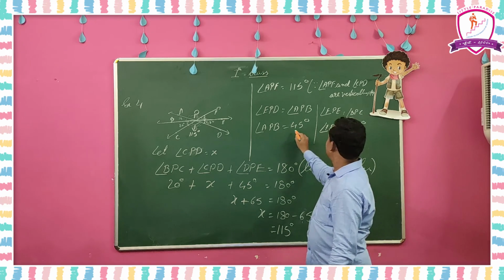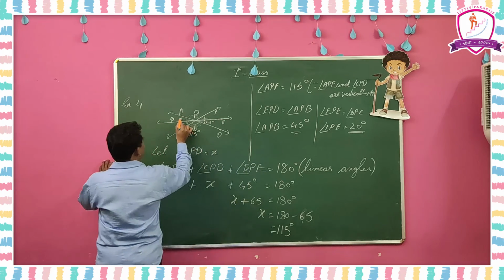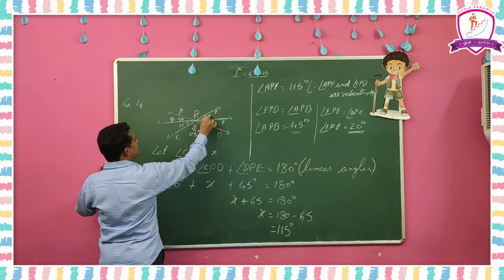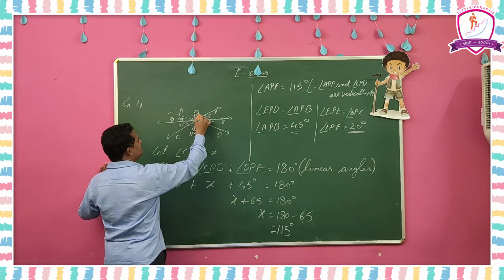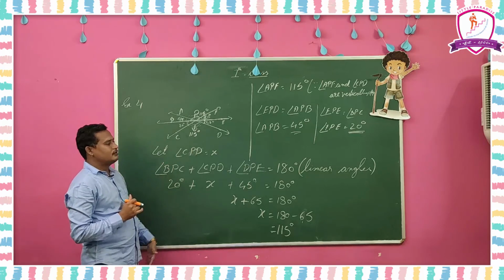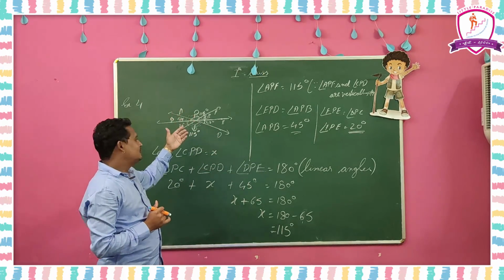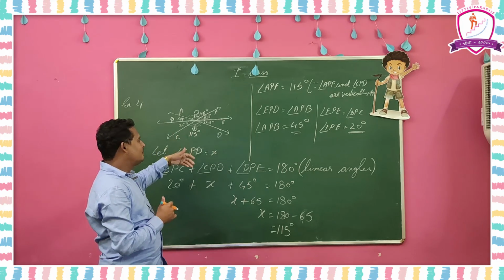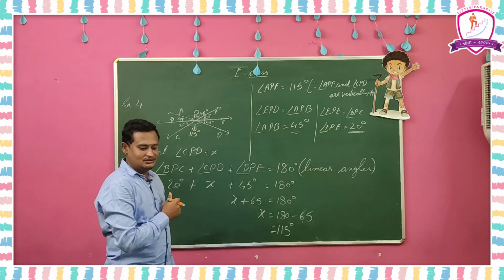Like that, the vertically opposite of 45 is 45, and the vertical opposite for 115 is 115. Like that you have to find the remaining angles with the use of the given two angles. Only two angles are given here and we found all the remaining angles.